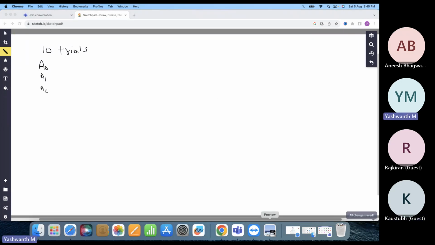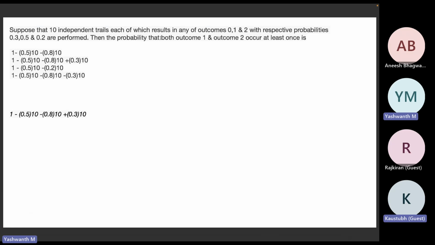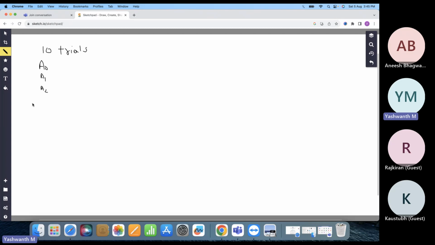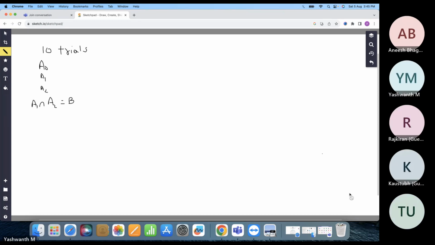Right, what is being asked here is the probability that both outcome 1 and outcome 2 occur at least once, right? So they want A1 and A2. Let's call this B. And they want this B to happen at least once.